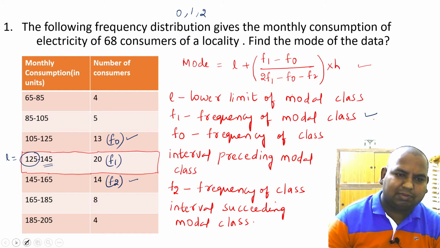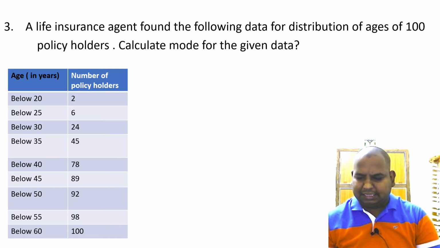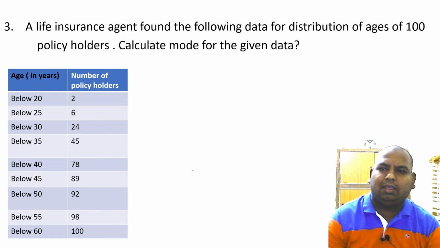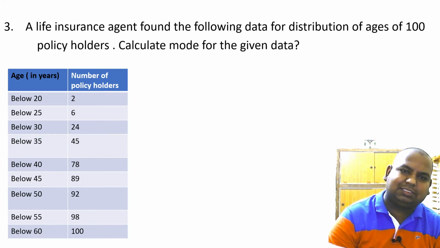Here goes the next problem now. Second model, I would say. This is the second model. In this case, he didn't give class intervals. So we need to first create class intervals, then proceed to find mode. Got it.